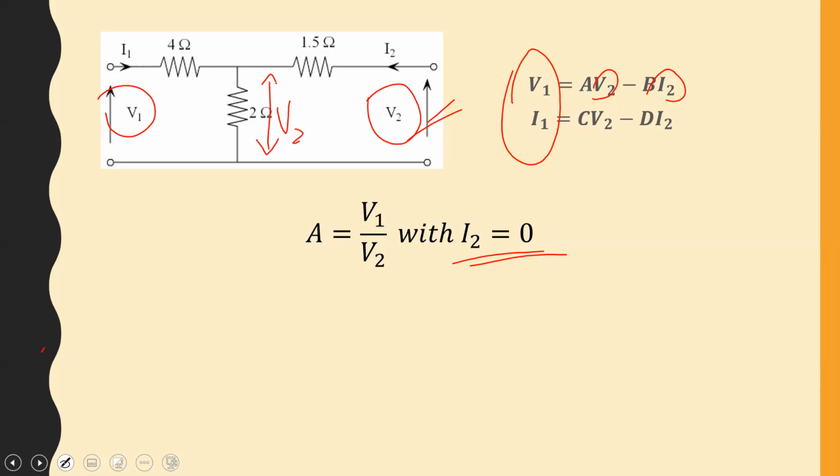The voltage across the 2 ohm resistor would then be found by voltage division. So V2 with respect to V1 would be equal to 2V1 over 4 plus 2, so 2V1 over 6. But what we are interested in is V1 over V2 for A. So this implies that A is equal to 3.